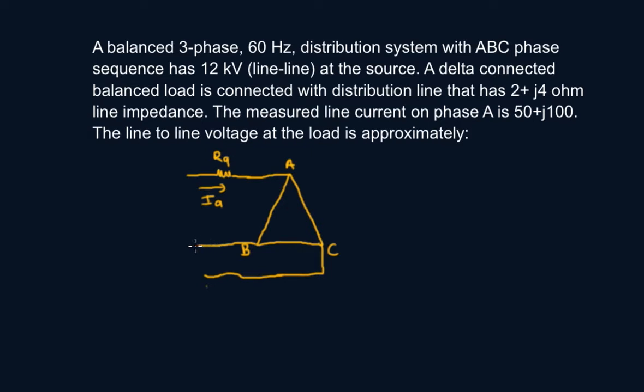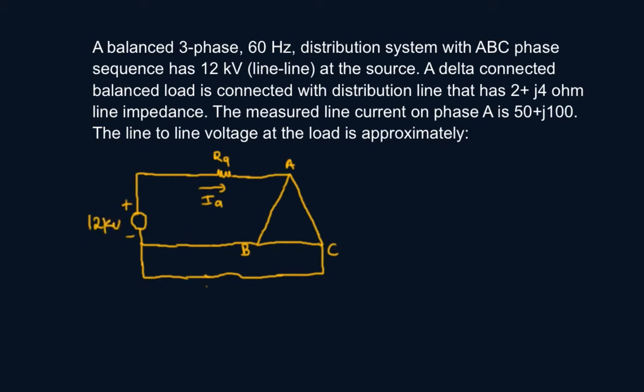And the source voltage is line-to-line voltage, so that's for the entire system. Let's put a source voltage here and connect all of them together. So that would be your phase, your line, right? So this is your 12 kV.